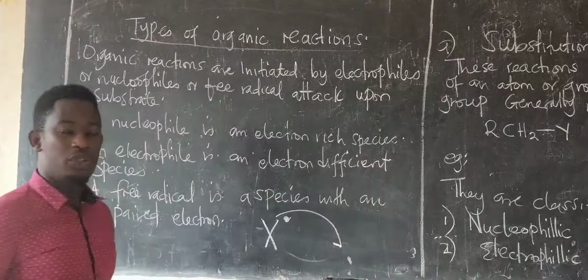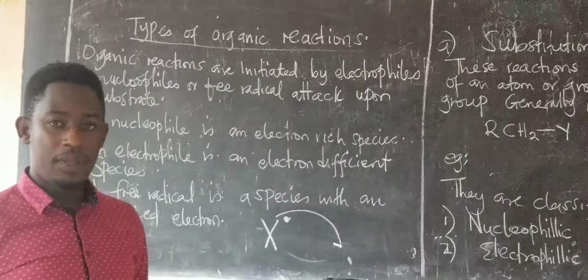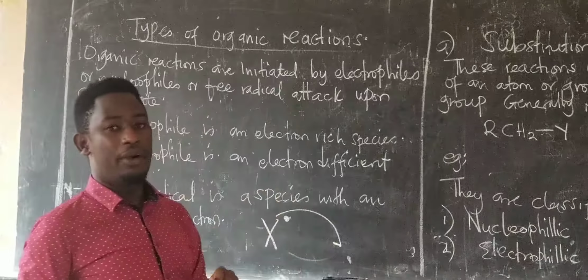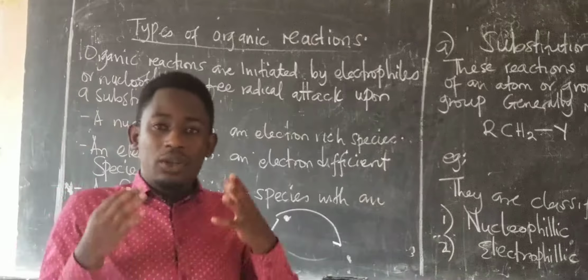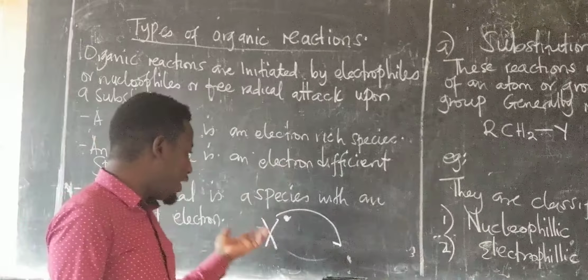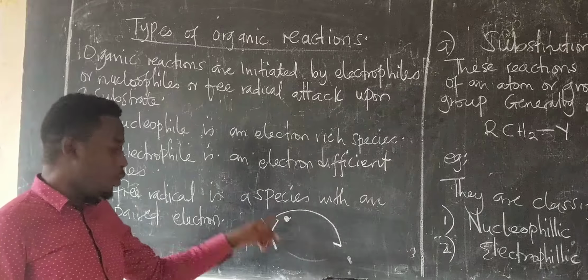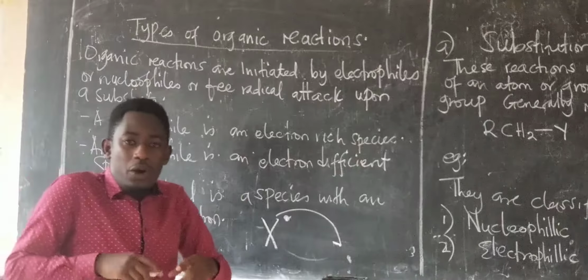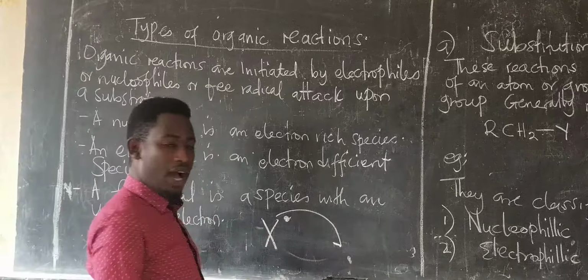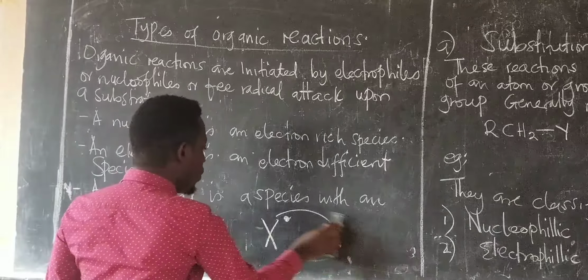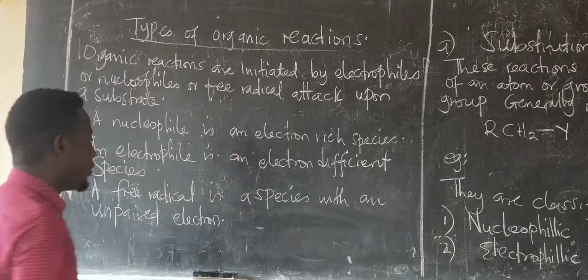We have seen those mechanisms. Are we together? It uses half arrows. So every time you are dealing with organic compounds, if there is a radical, you see a dot, when you are going to form a bond, you have to use what we call half arrows.